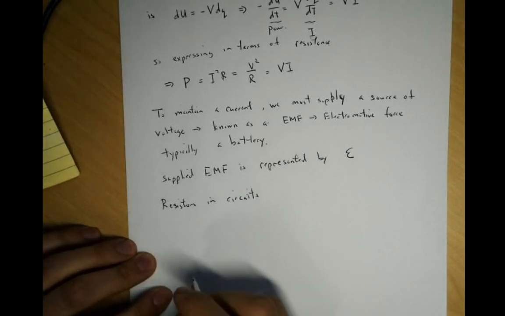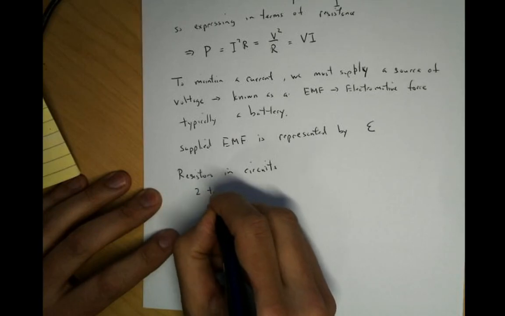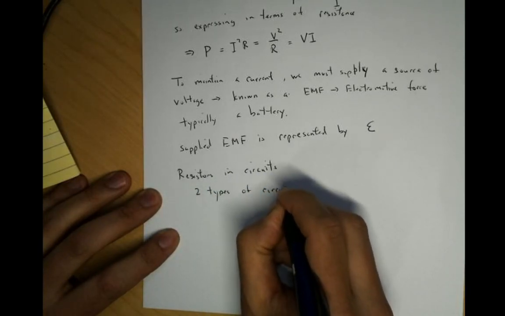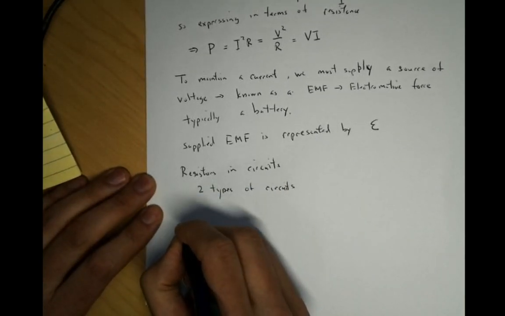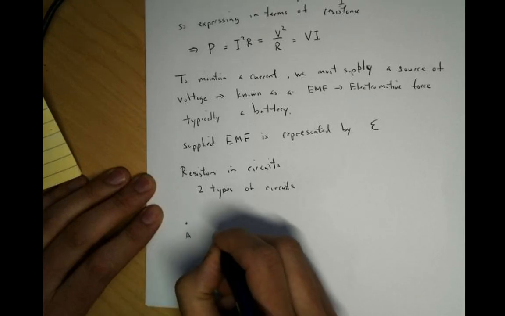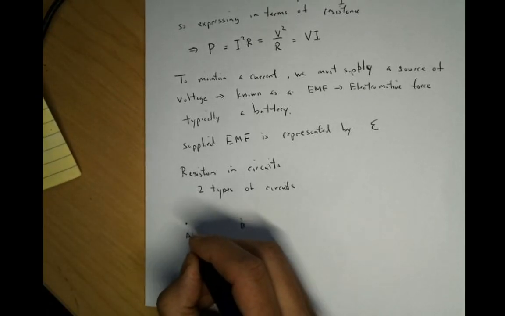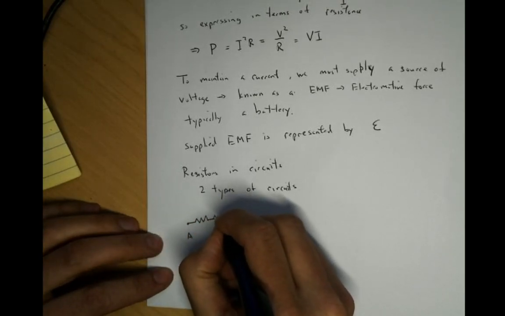Okay, so again, there are two types of circuits. If you're going from A to B, you can put things in series.